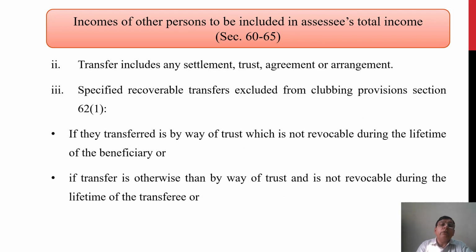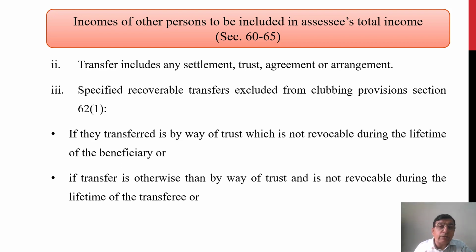A transfer includes any settlement, trust or agreement. However, the specified revocable transfer excludes the provisions under section 61, meaning a transfer by way of trust which is not revocable during the lifetime of the beneficiary.